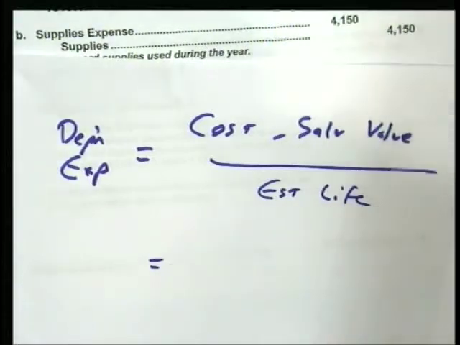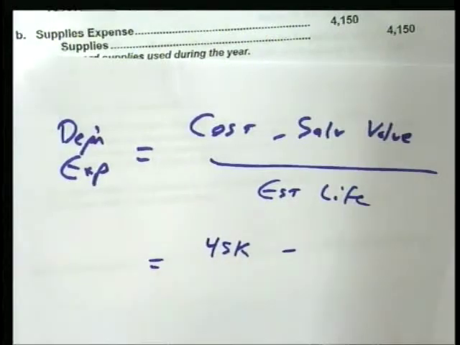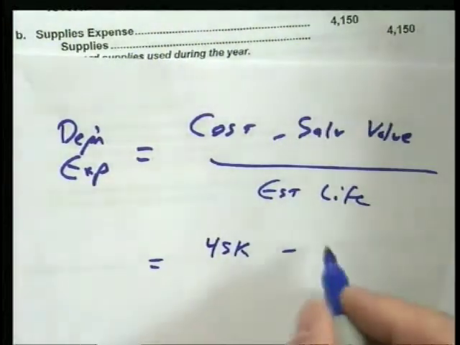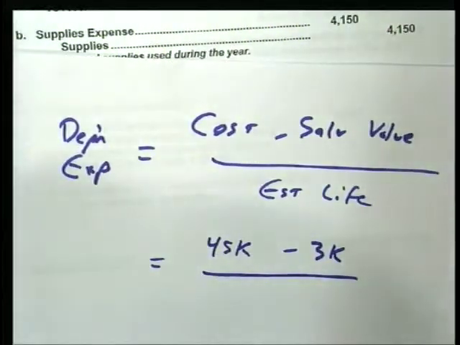And these amounts that they gave us were $45,000, salvage value of $3,000, divided by 5 years.